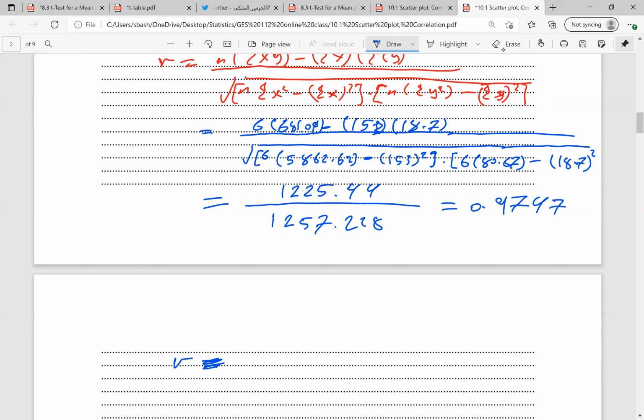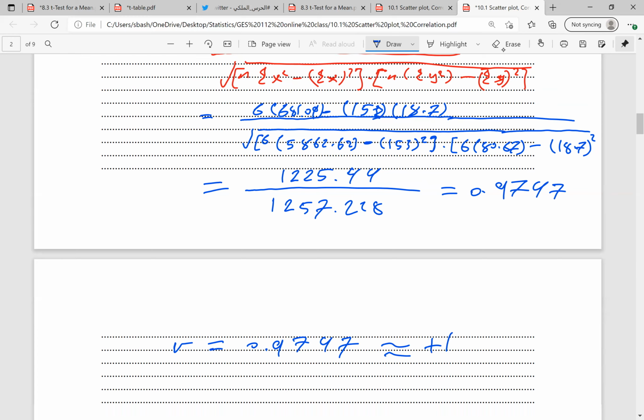So R is equal to 0.9747, which is close to plus 1.